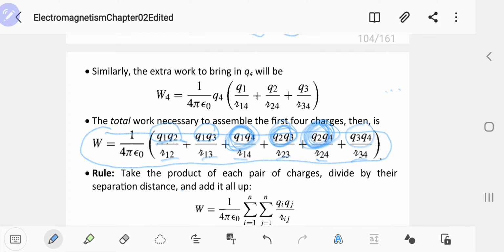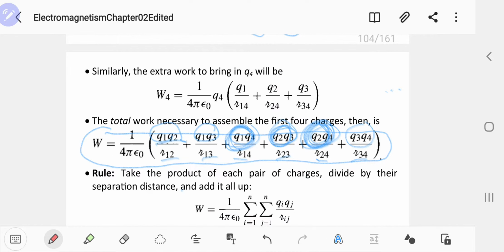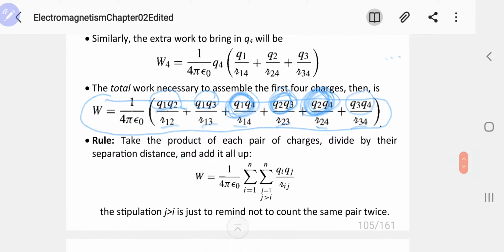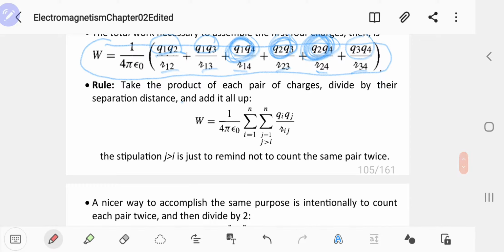So what if you are bringing in a lot of charges, say n charges? Your work will be this expression.